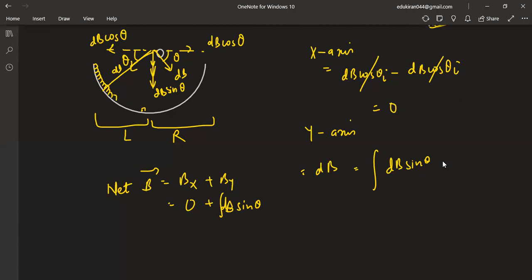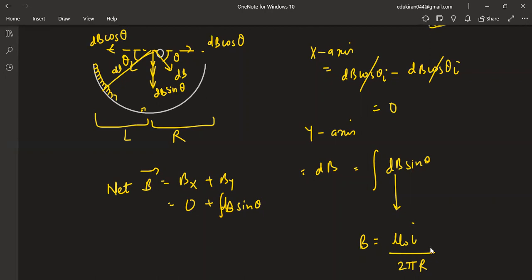Now, solving dB sine theta is a task. How do you write magnetic field? Mu naught I by 2 pi r for wires, not for a semicircle. We'll not use the formula for a semicircle because you are taking it individually.